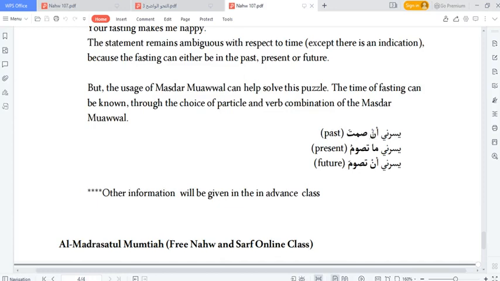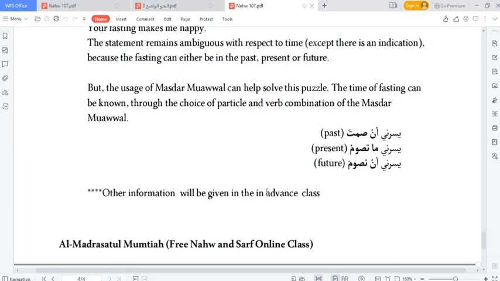This is past already, we know, because the choice of the particle and verb combination will tell us. This is Masdar Muawwal for you. Yasuruni ma tasumu. It makes me happy that you are fasting, so you see present. And lastly, yasuruni an tasuma. It makes me happy that you will fast. You can see this is future. So that is Masdar Muawwal for you.